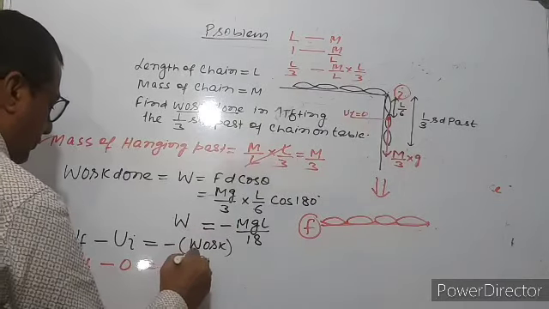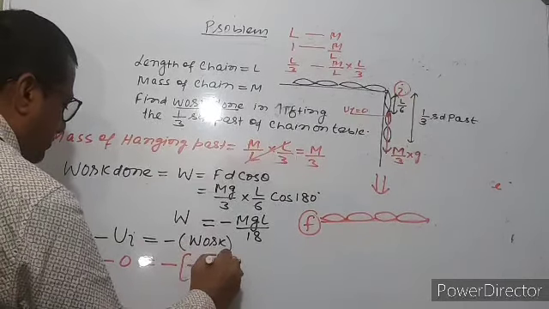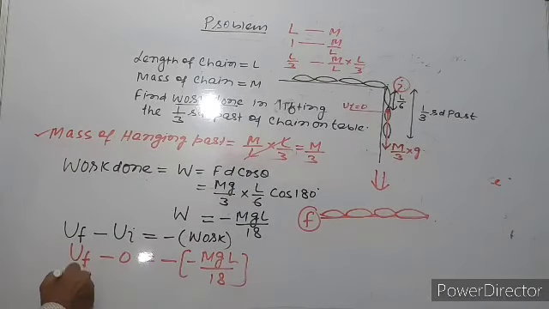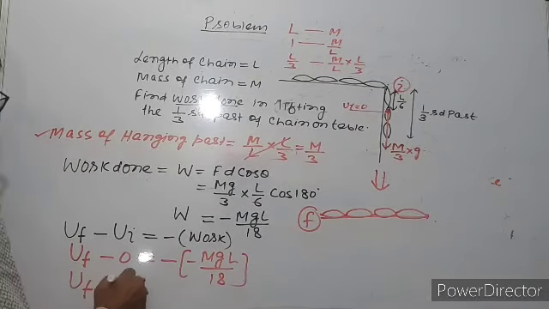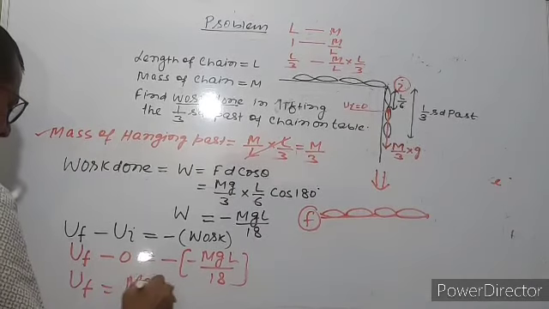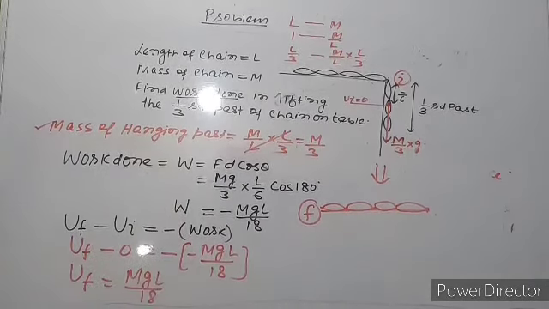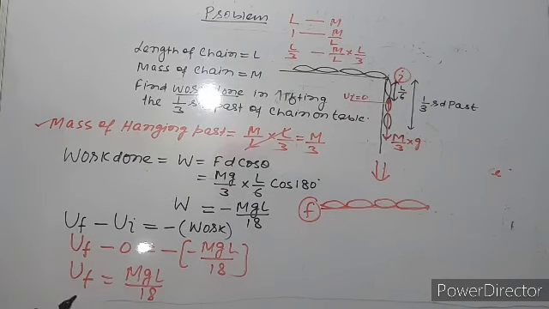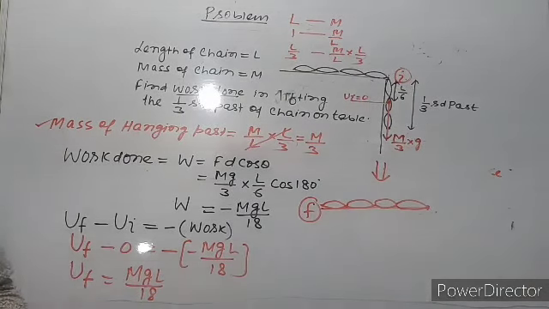Work done is equal to minus mgL by 18. So final potential energy will be equal to mgL by 18. So certainly work done will be equal to mgL by 18, because work done equal to final potential energy minus initial potential energy. I think clear? That's all. Thank you.